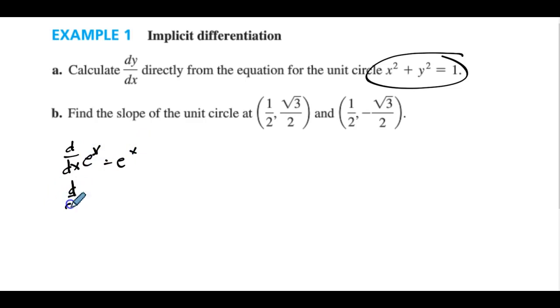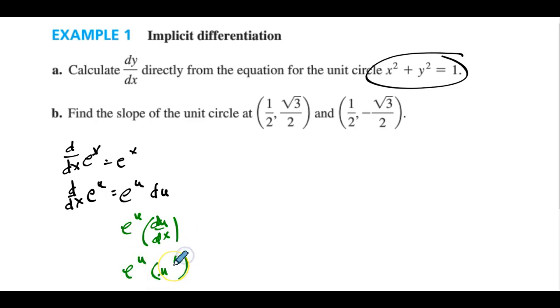But when you take the derivative of e to the u, you get e to the u times du, which sometimes we write as e to the u du dx, or sometimes we just get lazy and write it as u prime. They all mean the same thing, either du dx or u prime.